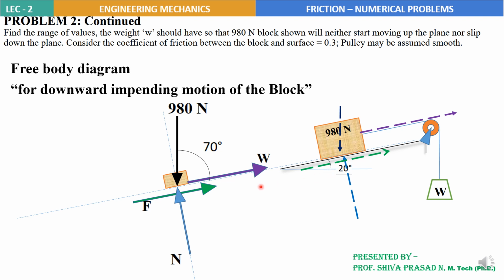So this is what you need to understand. For upward impending motion, the friction force is in the opposite side, that is downward, and for downward impending motion of the block, the friction is in the upward direction. So for these two cases, let's find the value of W.